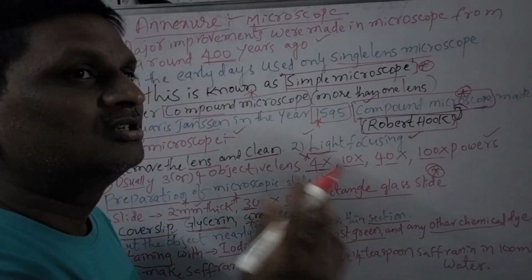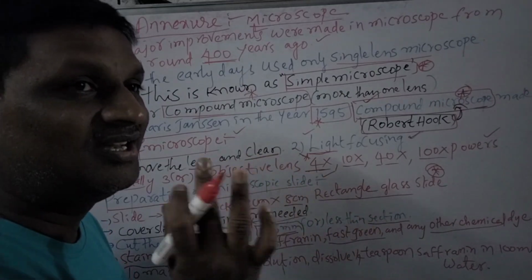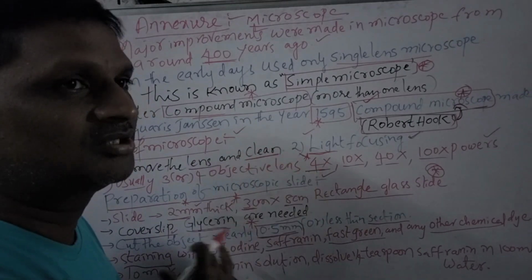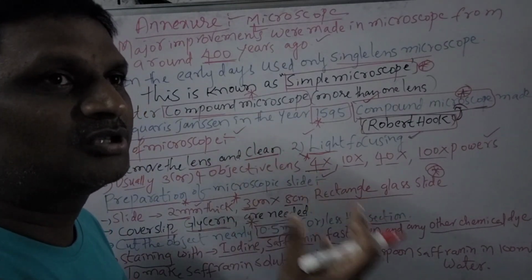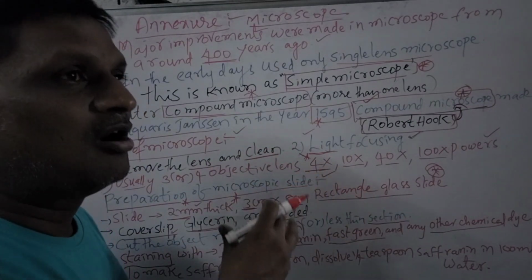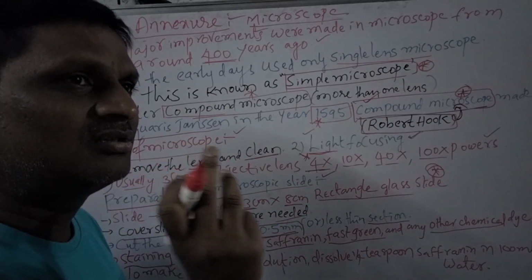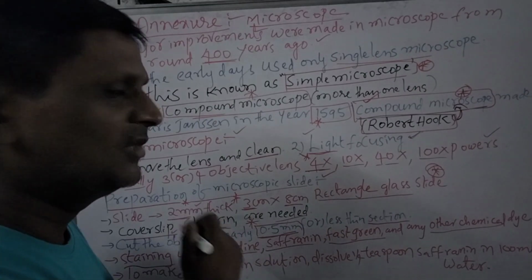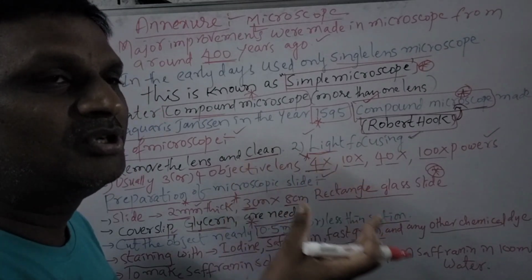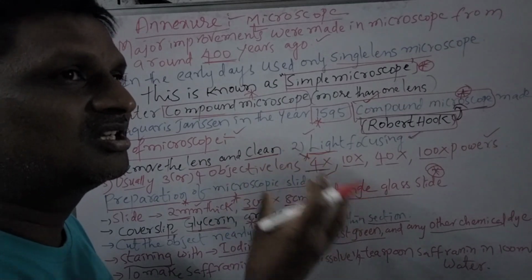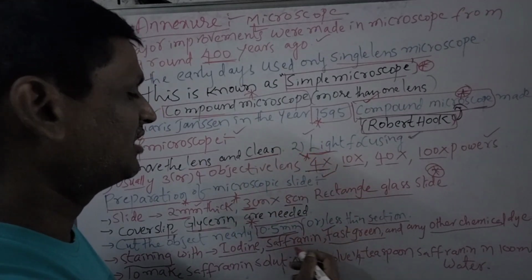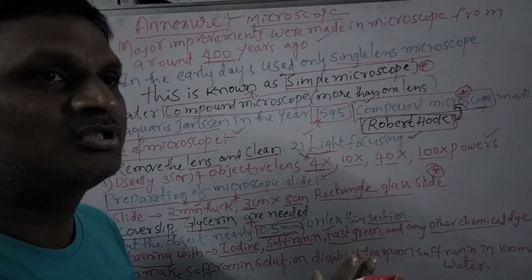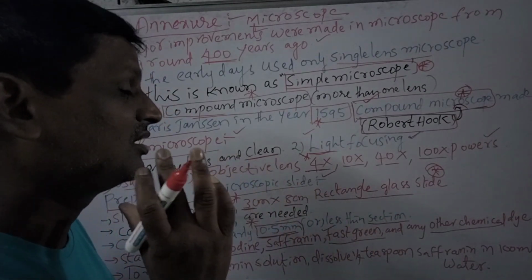Staining makes the object appear very clearly under the microscope. Suppose, for example, if you want to observe the nucleus in the onion peel cells, we must stain the onion peel cells with saffron. Only then does the nucleus in the onion peel cells appear clearly as a colored object. So saffron, iodine, fast green or any other chemical dye should be used. So that staining must be used.